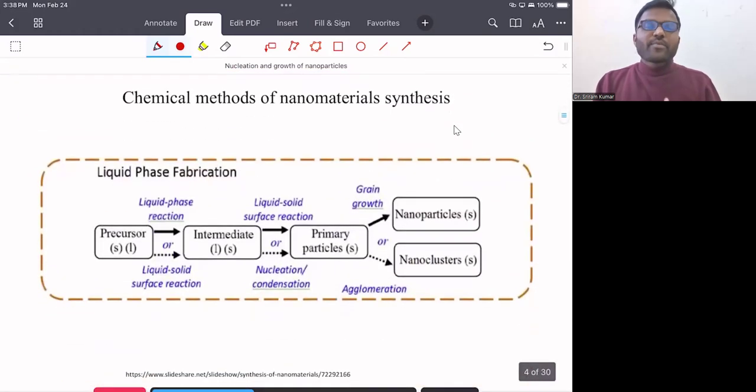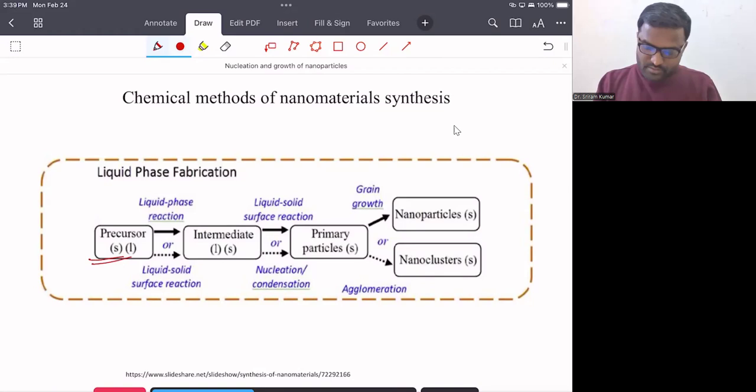When we think about chemical methods of nanomaterial synthesis, first we have the precursor. We dissolve that precursor in a solvent, and we have the precursor in the solution phase.